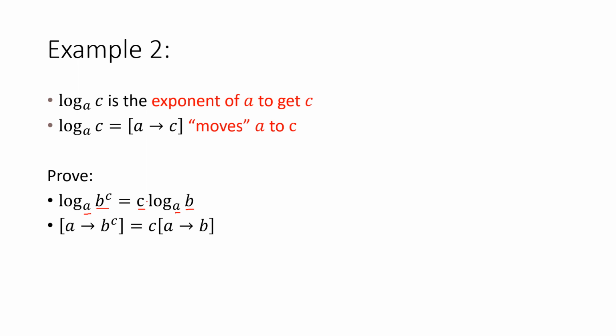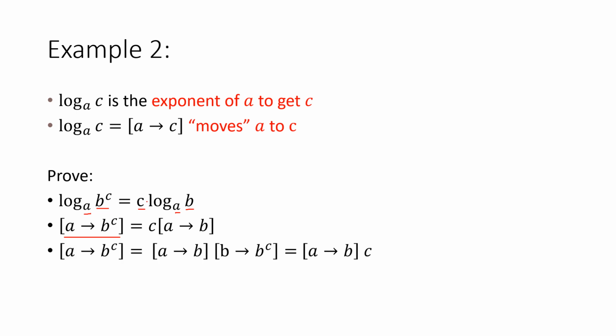And we could imagine separating this path into two smaller paths. One, we move from a to b, and then we go from b to the c. And this, by definition, must be equal to c, because this is the exponent of b to get b to the c.